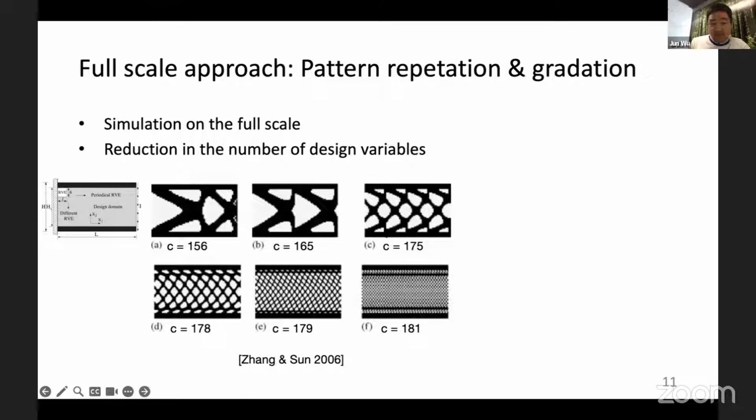If you further increase the number of patterns from 2 to 4, the compliance further increases. And eventually, if you increase it to like 20 slices, repetitive patterns, the compliance will be very big.